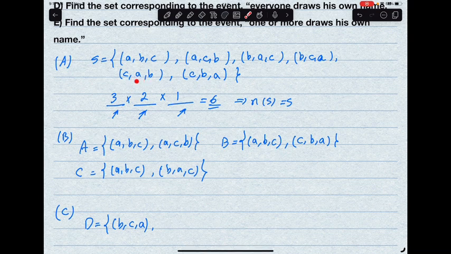This one is also an answer because Al draws Chris, Ben draws Al, and Chris draws Ben. Different names, so it is C, A, B. And the last one is not, because Ben draws his own name, so it cannot be an answer. So that's the event D.